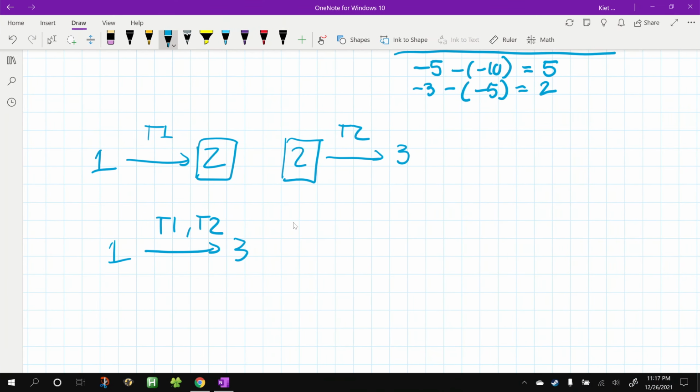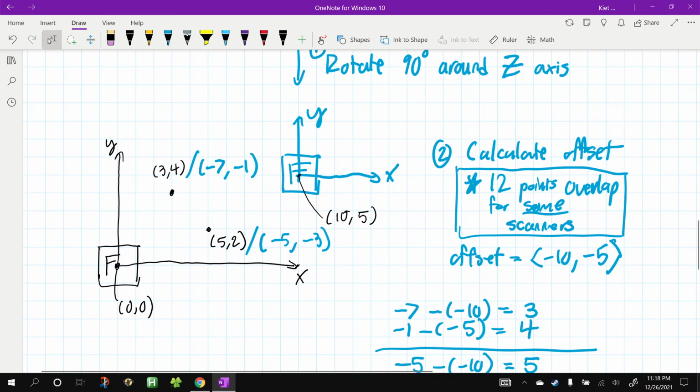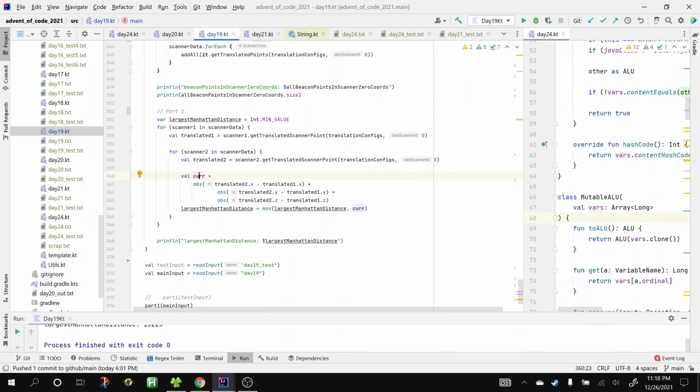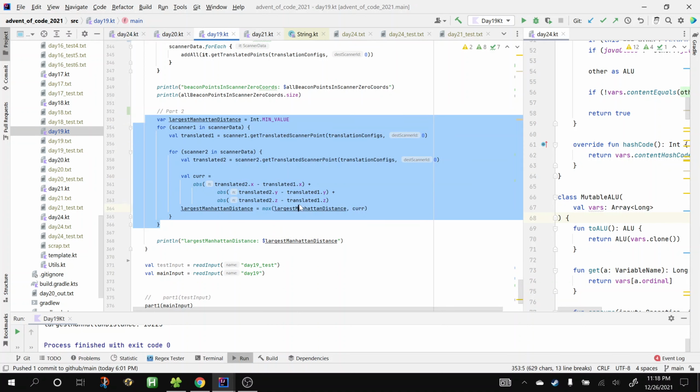So here, for example, we already know that this is at 10.5. So yeah, we could just calculate the Manhattan distance for this after doing the translation, because we already know the offset. Cool, and that was basically it.